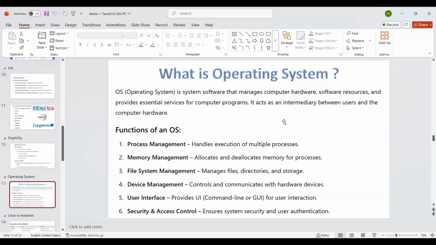Let's suppose I know only the Tamil language, and you guys only know the English language. If I try to communicate with you, will the communication become successful? No, sir.